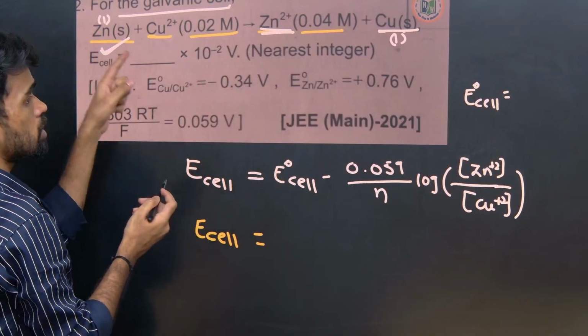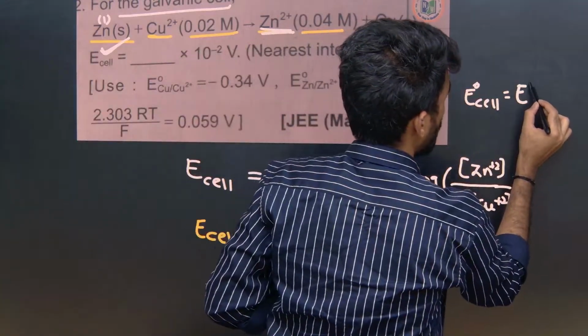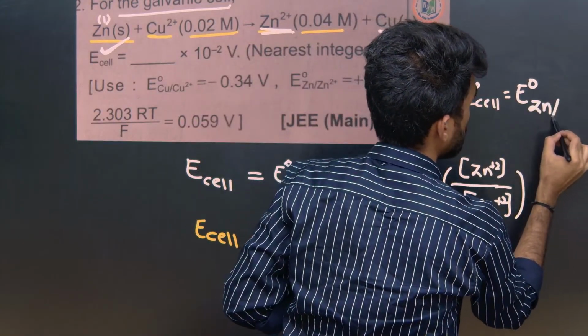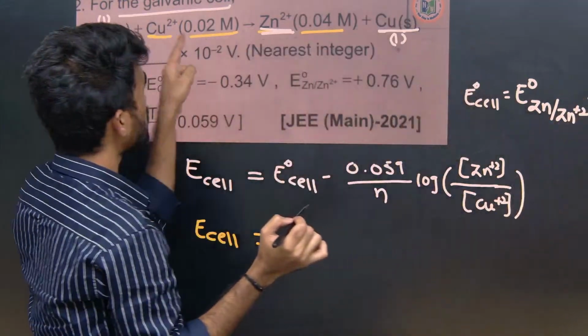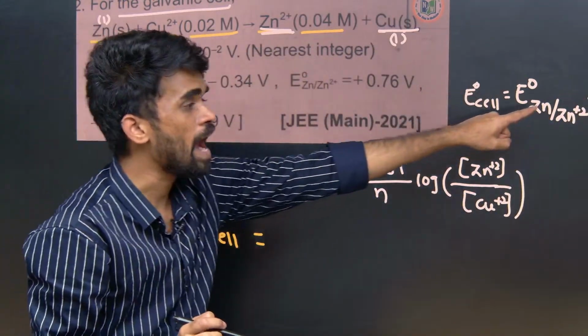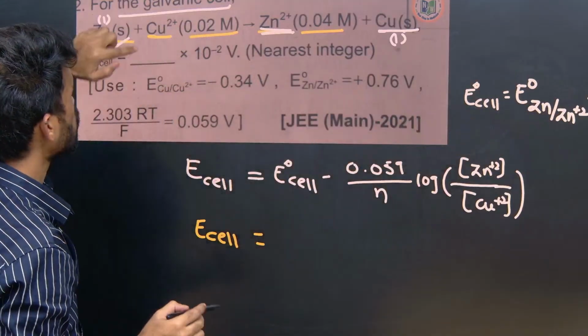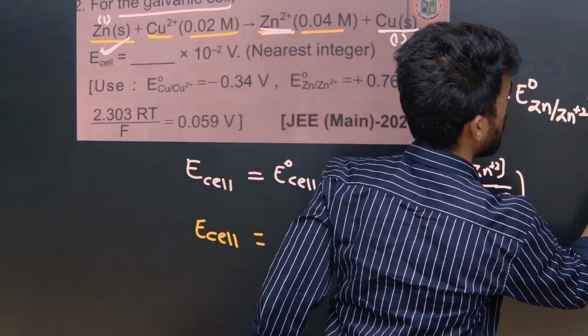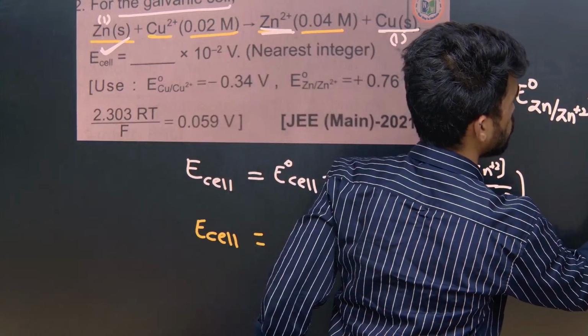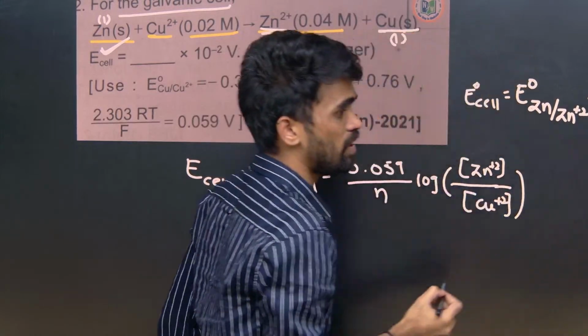So take the oxidation potential of zinc, Zn to Zn+2, plus, and copper is undergoing reduction, so add the reduction potential of copper, Cu+2 converting into copper. So I am writing E naught of Cu+2 to Cu, like this. This is the standard way of taking.